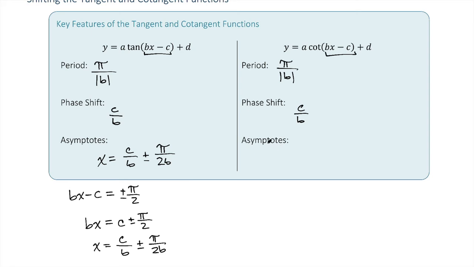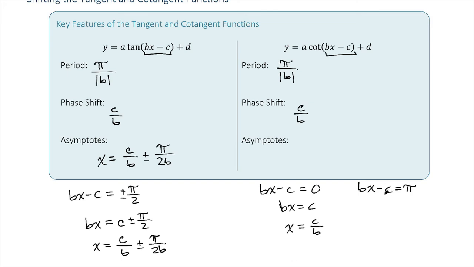Now for cotangent, cotangent typically has asymptotes at 0 and at pi. So we can do the same thing where we take bx minus c and set it equal to 0 or pi. So I'm going to have to do this separately. bx minus c equals 0, so we can add the c and get bx equals c, and then divide by b and get x equals c over b.